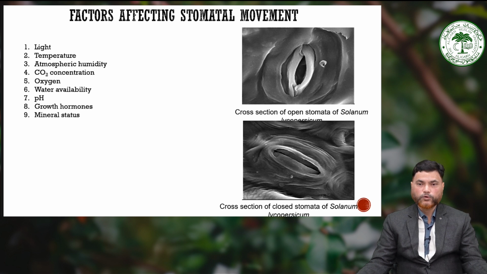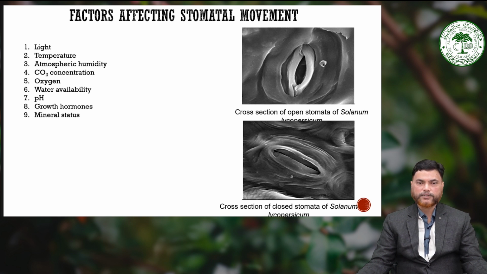Once stomata close, external carbon dioxide concentration does not affect the stomatal movement. High level of intracellular CO2 induces closure of stomata in the same way as abscisic acid induced stomatal closure.